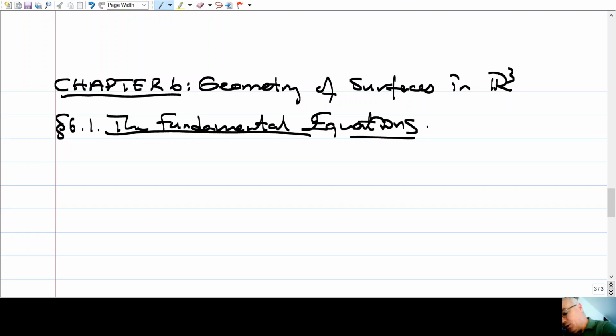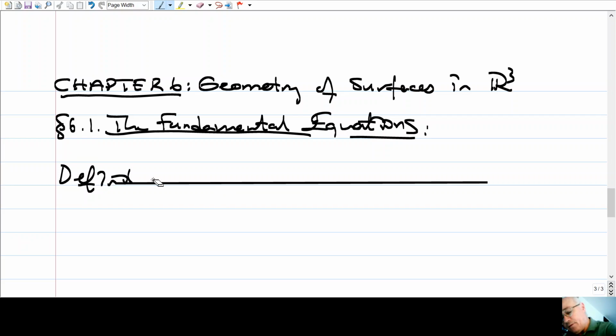Okay, so what is this? We start with an adapted frame, so it's an adapted frame definition.